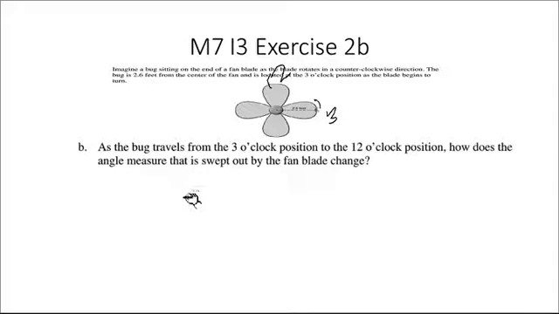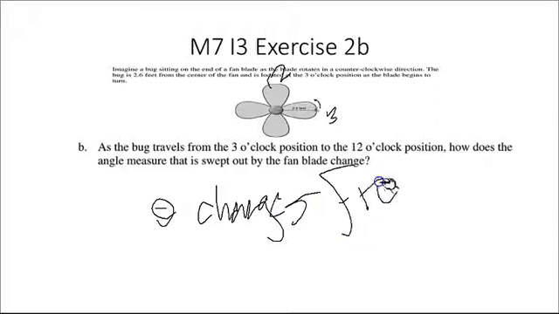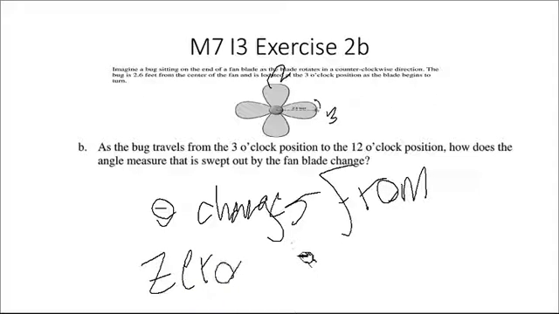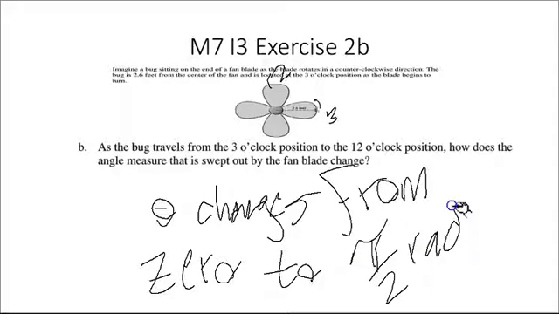So we would say that theta, our angle theta, changes from 0 to a half of pi, or pi over 2 radians.